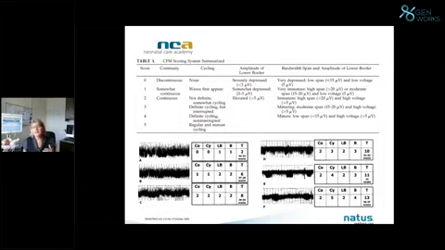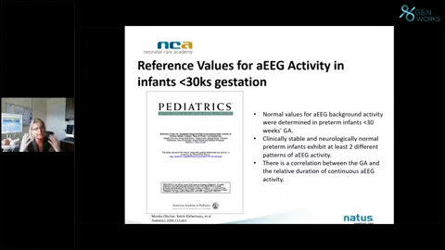There are many other studies looking at reference values for AEEG activity in preterm infants. And this is a very nice study published by the group from Vienna, Austria, headed up by Monika Olischar and Katrin Klebermass. They tried to determine reference values for AEEG activity in infants of less than 30 weeks gestation.